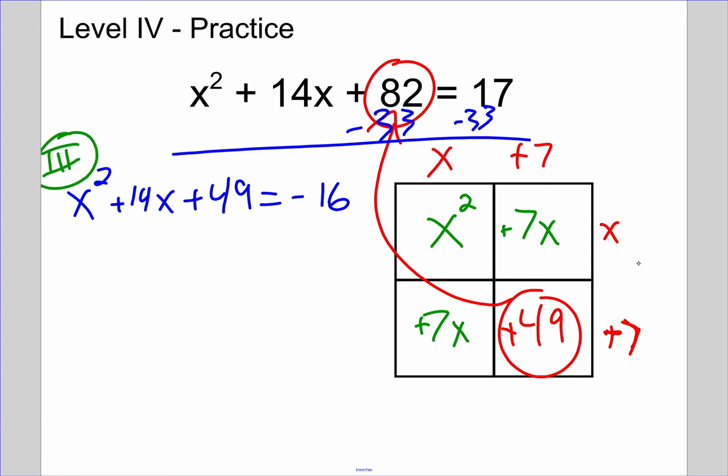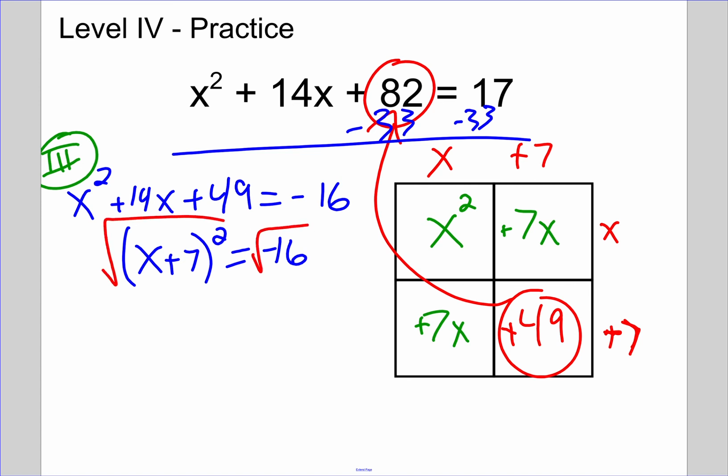That old trick of turning a more complicated problem into something we already know how to solve. So now we can turn this into a level 2 problem, because it's x plus 7 quantity squared equals negative 16. If you've been following along in the videos, you should be getting comfortable with these square roots at this point, the negative square roots in complex numbers.